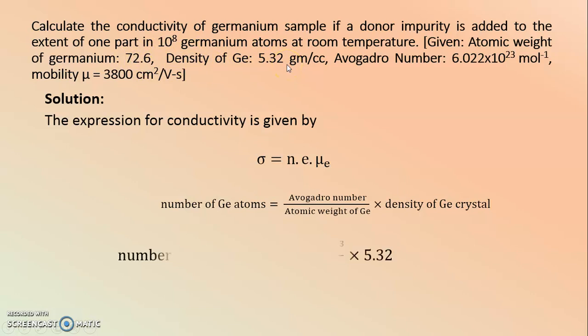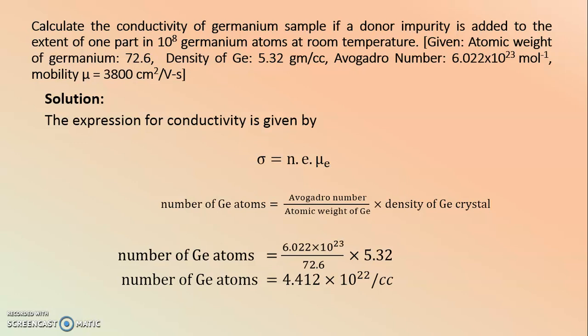So we put in the values, and by calculating this we get the total number of germanium atoms, which is 4.412 into 10 raised to 22. These are the total number of atoms per centimeter cube, or per cc.